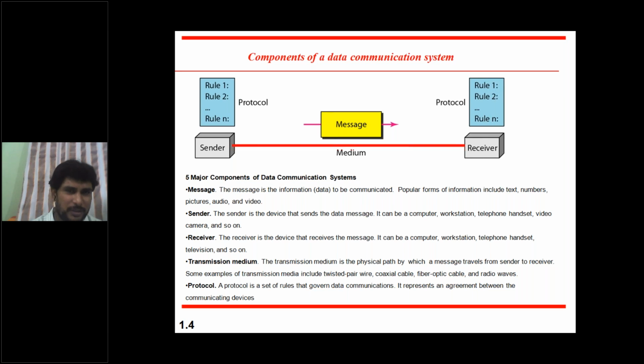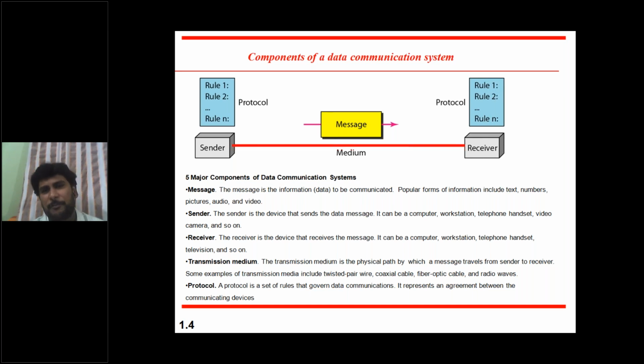And this is what we are going to discuss in more detail, their functionalities, and what the different protocols are that we use at different layers of our TCP/IP model. So just remember in one line, protocol refers to a set of rules and procedures that govern the data communication, right? I hope the things are clear.